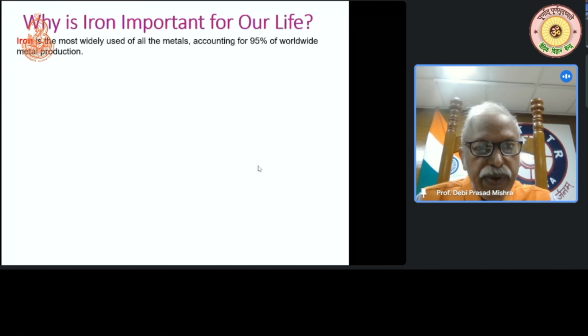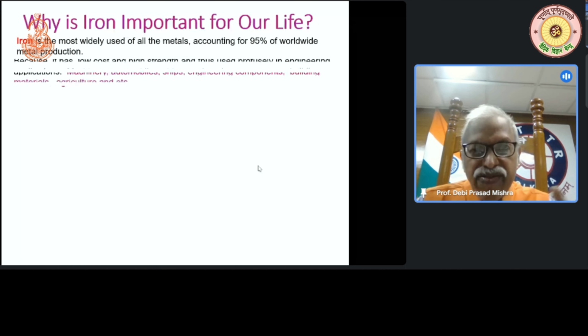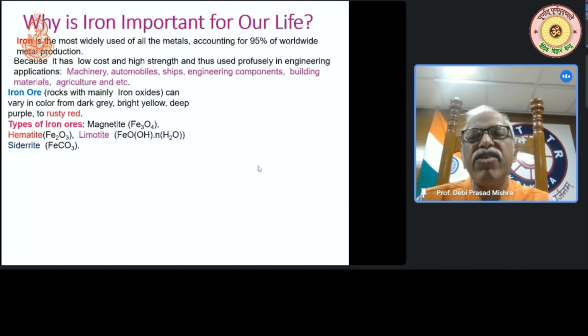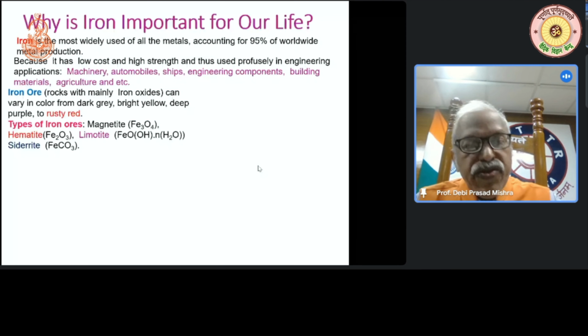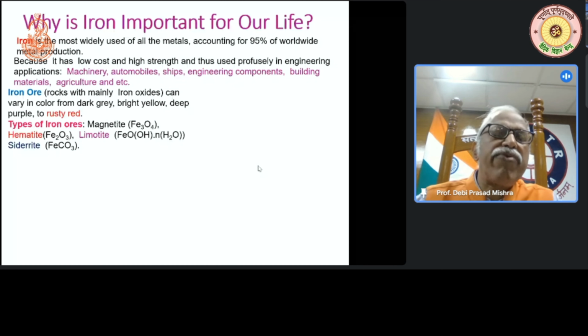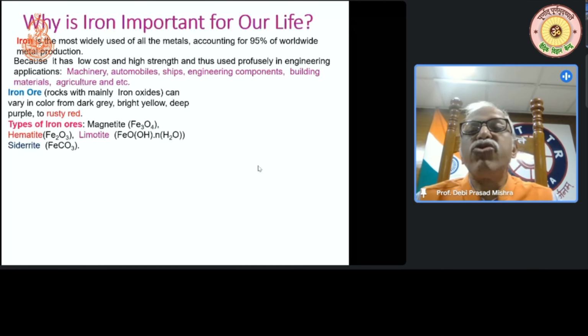Fortunately, India has a large reservoir of iron, and the applications are enormous, from domestic items to agriculture, buildings, engineering components, ships, automobiles, machinery, and so forth, including even surgical instruments and surgical tools.